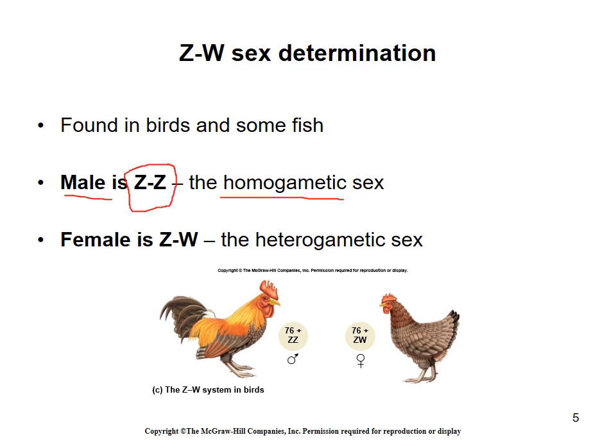Okay, and if you're looking at a female, now we have a heterogametic sex because we're looking at the interplay of 1 Z and 1 W. So isn't that cool? We have 2 different chromosomes mixing, and in this case we have the male who's homogametic because it's taking 2 Z's, and the female who's heterogametic, she's taking 1 of each.